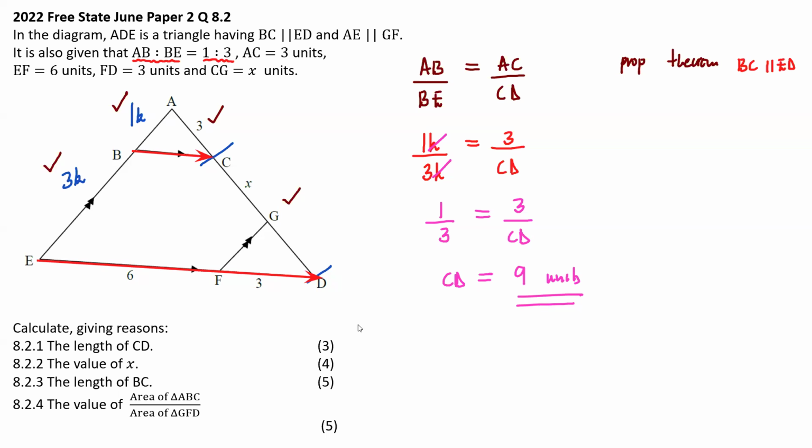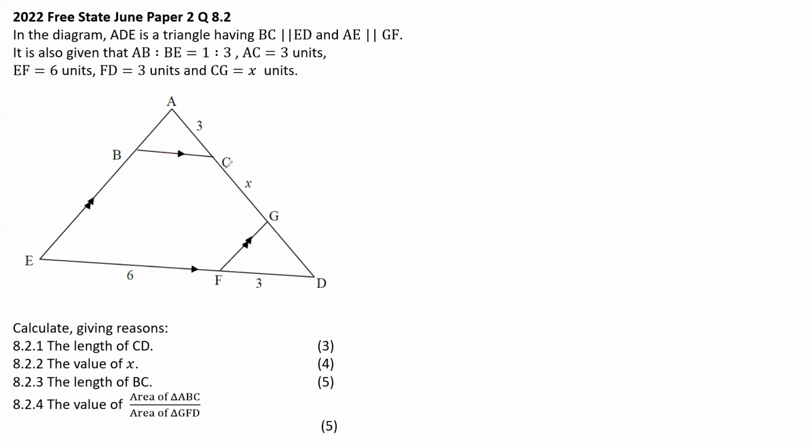8.22. Listen to this. X. Now, if I look at the context, CG is that X. Let's be clever and edit our diagram. CD, the whole of CD is 9. That's the calculation from the previous answer.